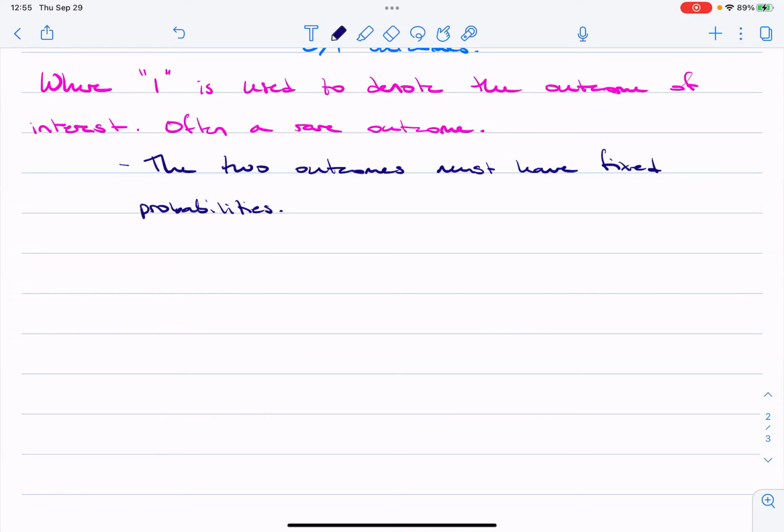So just as a reminder about the binomial distribution, it's a frequency distribution, so we can use it to find probabilities of certain successes and failures.